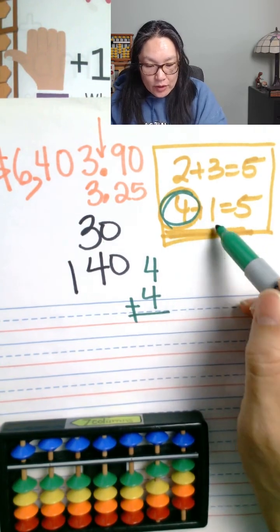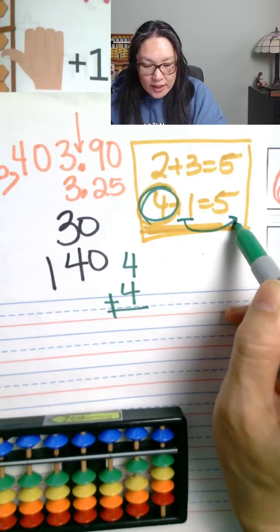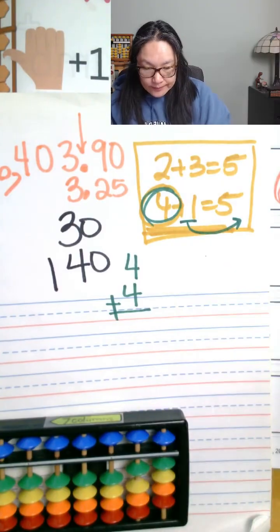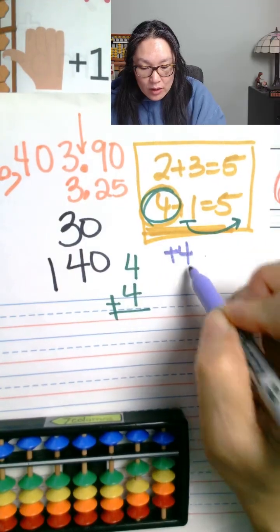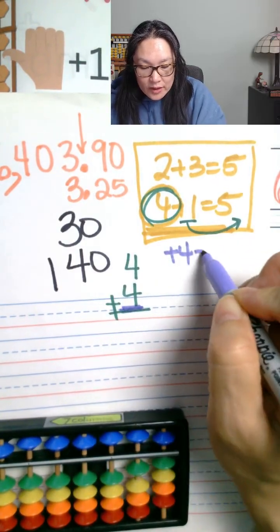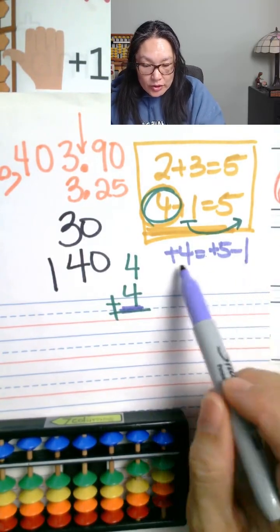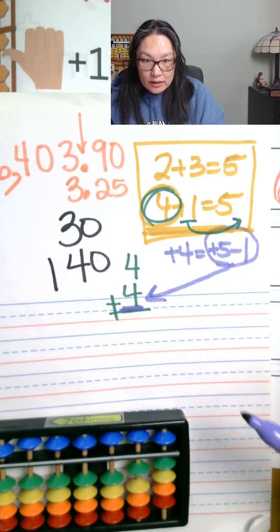Okay, so what are we doing? We're going to isolate the variable. We're going to take this 1 and move it to the other side of the equation, the other side of the equal sign. So I'm going to rewrite this. I'm going to say plus 4, because that's what we're doing. We're plussing the 4 is equal to plus 5 minus 1. So we're going to substitute this sentence into here.